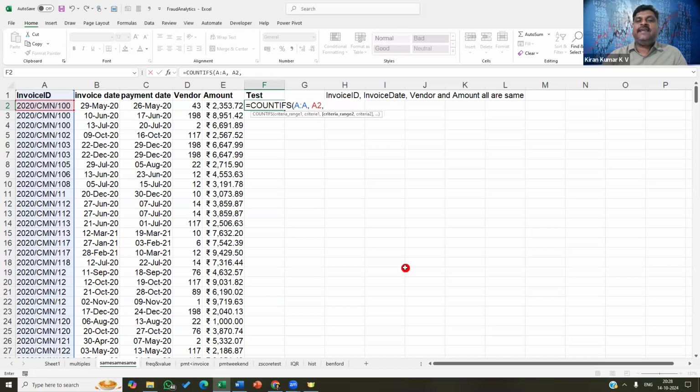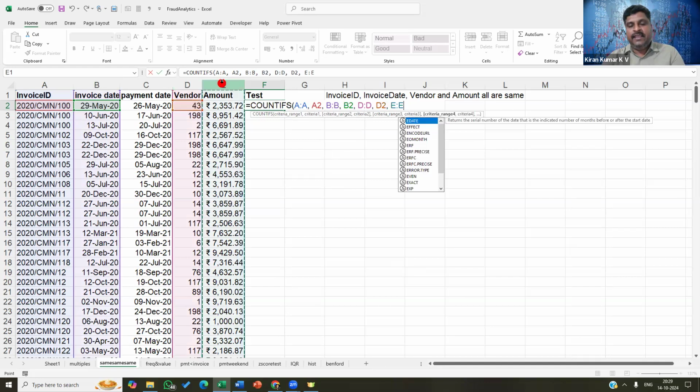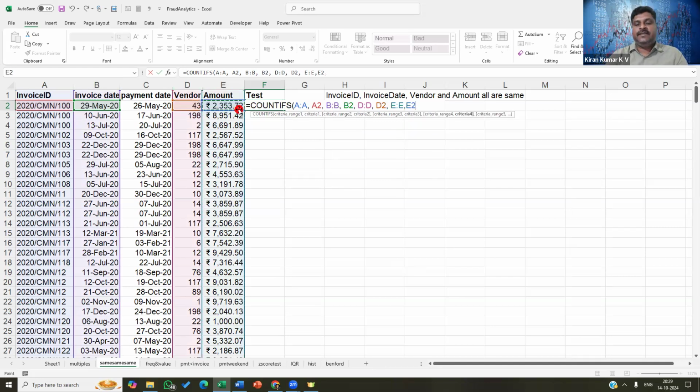Anyways, then I'll give the second criteria, which is my invoice date. And in column B, what should I count for? In this case, I want you to count for the day. Then the vendor code. Okay, count the number of times this vendor code appears, and the amount, which is in the E column, how many times it is appearing.